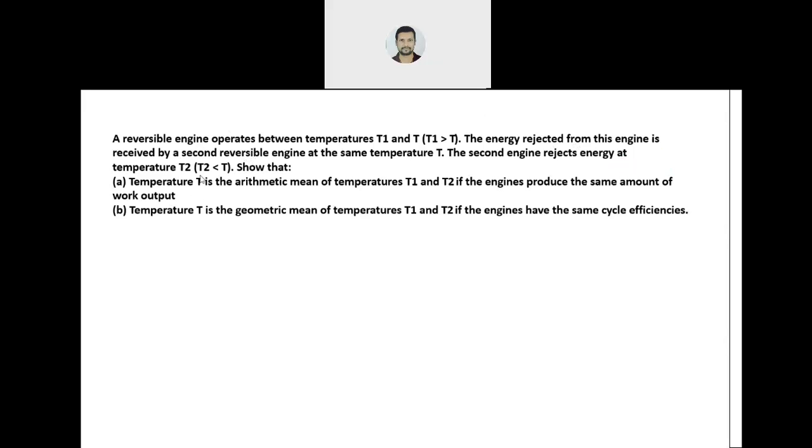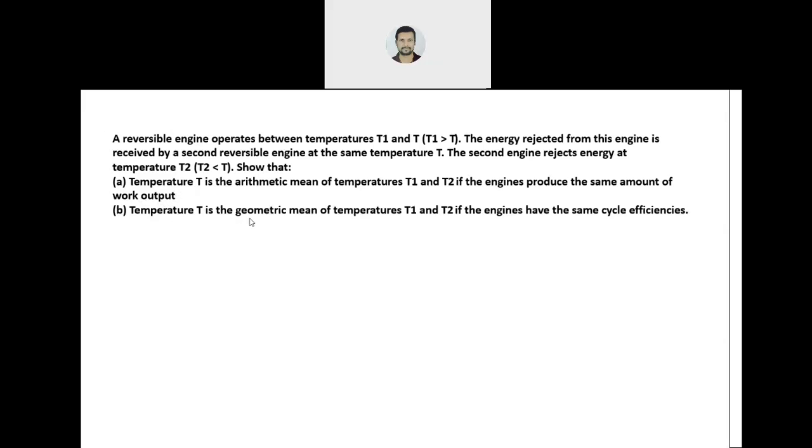Now you have to show that temperature T is the arithmetic mean of temperatures T1 and T2. What do you understand by arithmetic mean? You have read in mathematics: the average of these. T is the average of these, when both engines produce the same amount of work output. You have to show this.